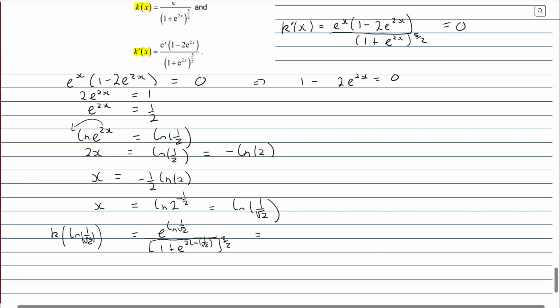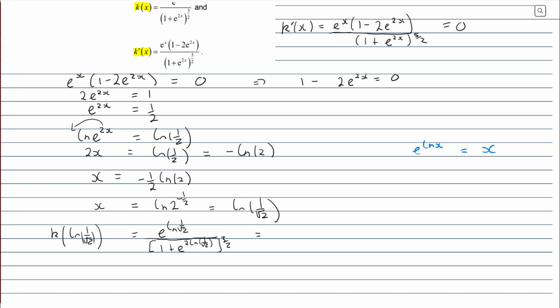And just remember, I'll write it up in blue here. If you have e to the ln x, that is just equal to x. Because remember, ln x is just saying if we raise e to the power of that number, ln x, we get back to x.